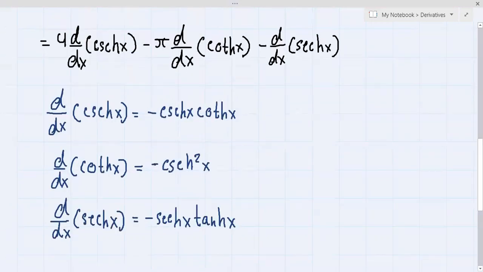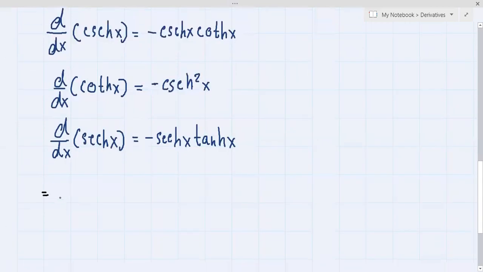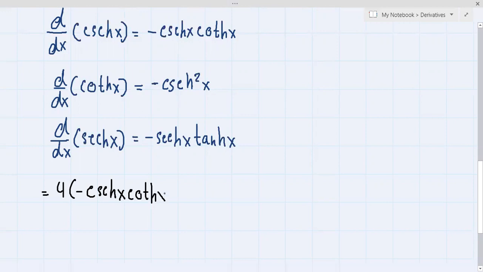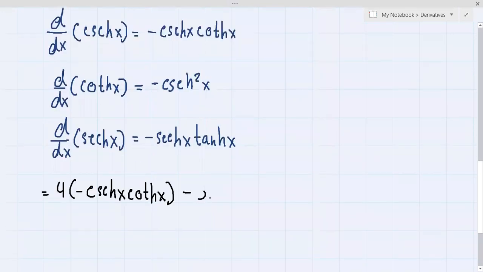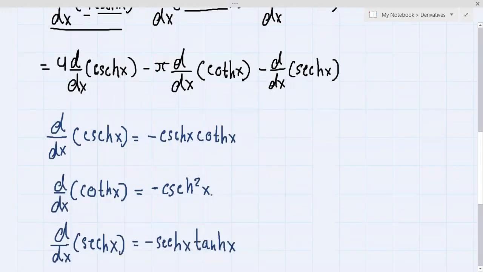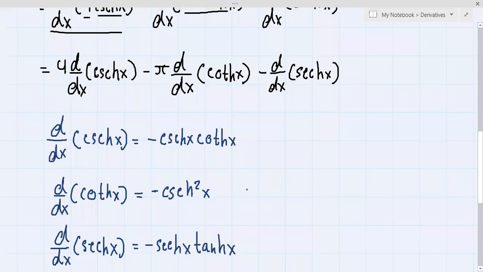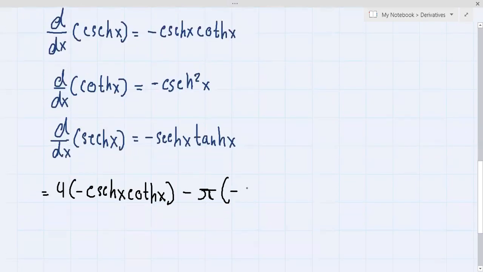For the first term, 4 times the derivative of cosecant hx, you will have 4 times the quantity negative cosecant hx times cotangent hx, minus pi times the derivative of cotangent hx, which is negative cosecant h squared x.